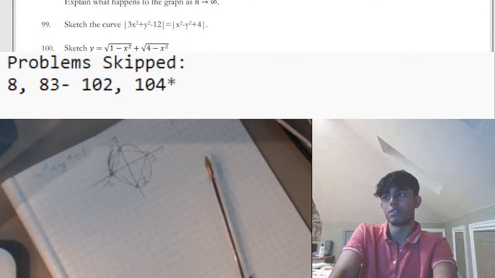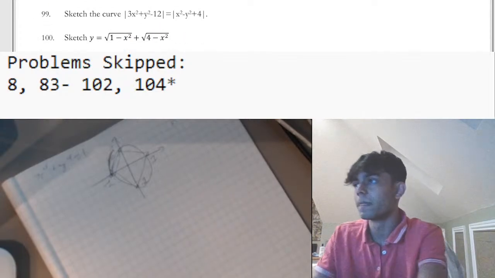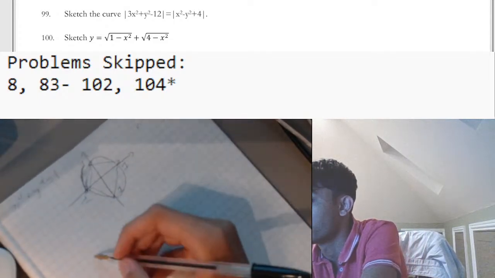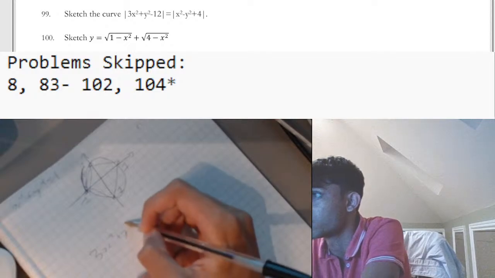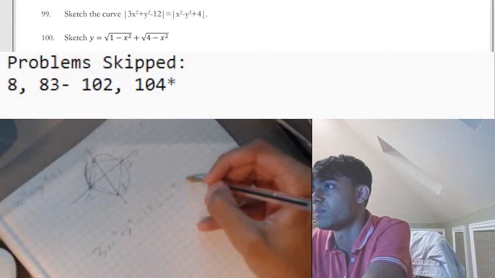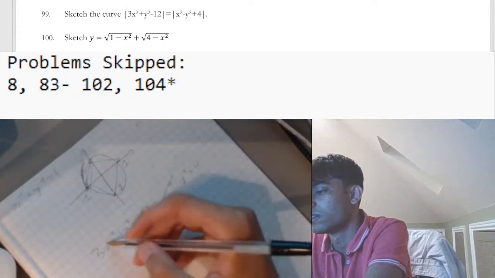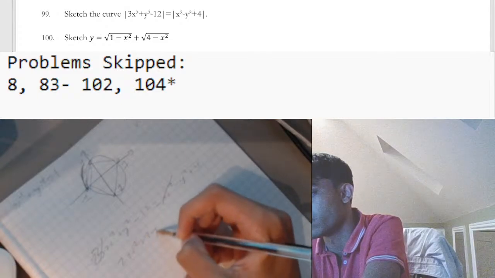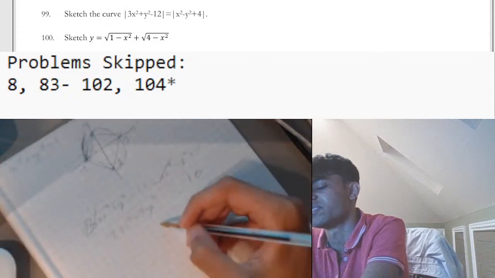Okay, sketch the curve, whatever. Okay, so either 3x squared plus y squared minus 12 equals x squared minus y squared plus 4. So 2x squared plus 2y squared is 16, so that's just a circle.